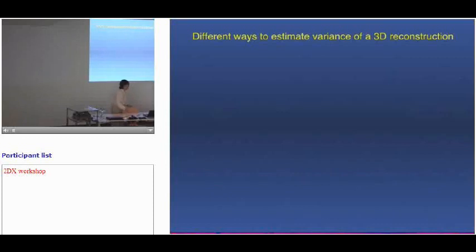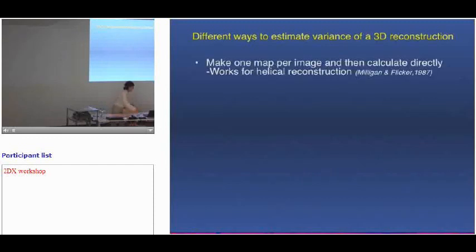Okay, so what I want to show you here are several methods that have been tried, and I think were unsuccessful. So if you ever need to do this, you probably shouldn't try them again.